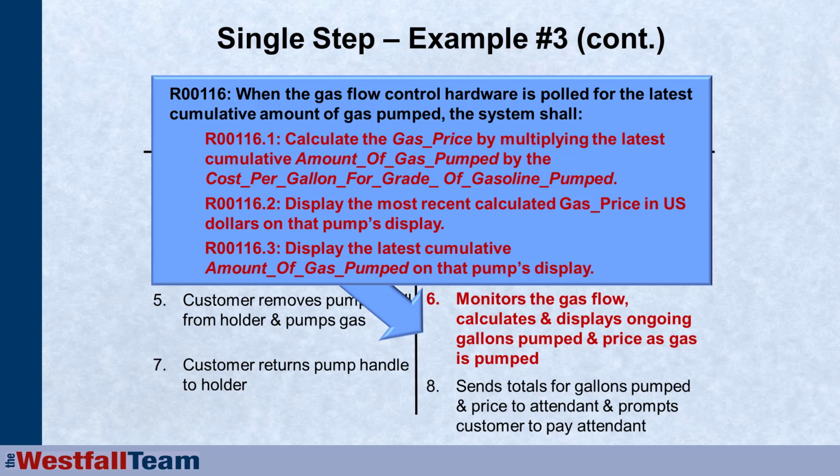So when the gas flow control hardware is polled for the latest cumulative amount of gas pumped, the system shall do each of these three things. Now notice these don't have any particular order. If there was an order, then I would add the word and, and chain these together by saying the system shall do this, then do this, then do this.